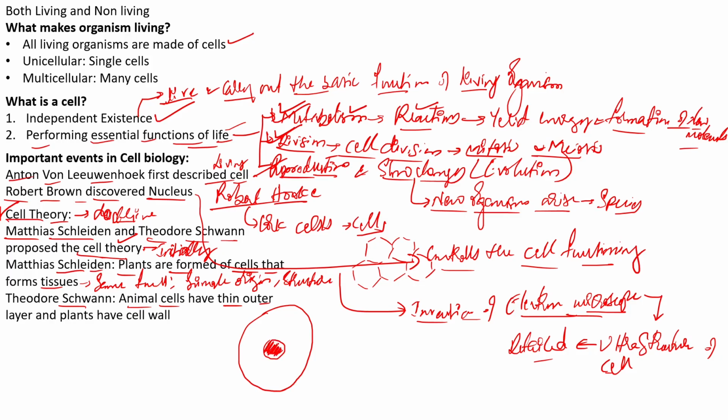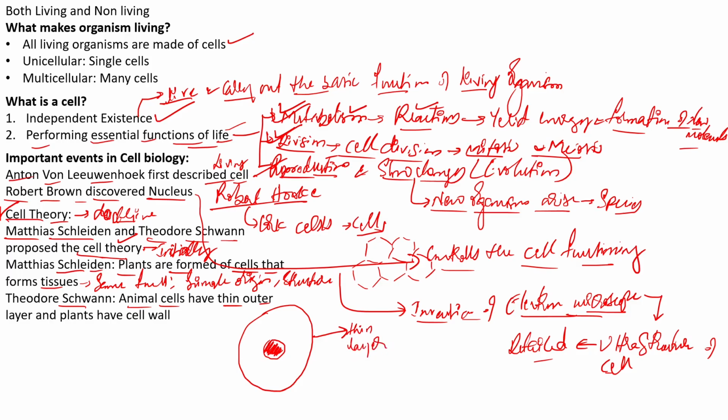This is how we draw the cell, right? So Schwann observed that every animal cell has an outermost delimiting layer, a thin layer.